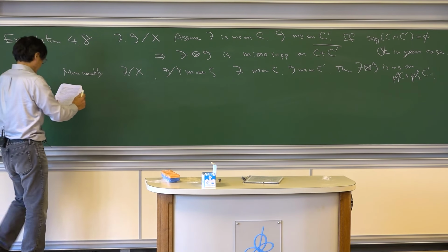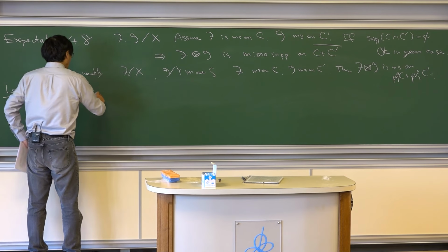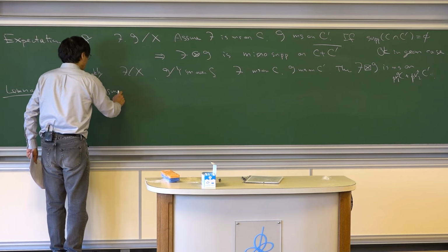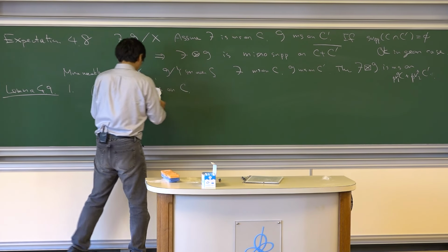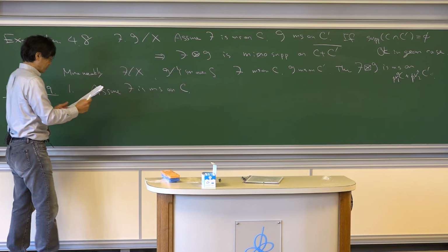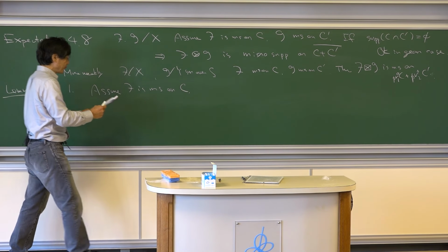So to the statement. Assume F is micro-supported on C. So this is the abstract one.